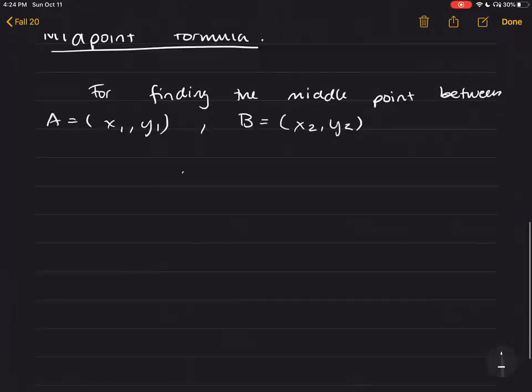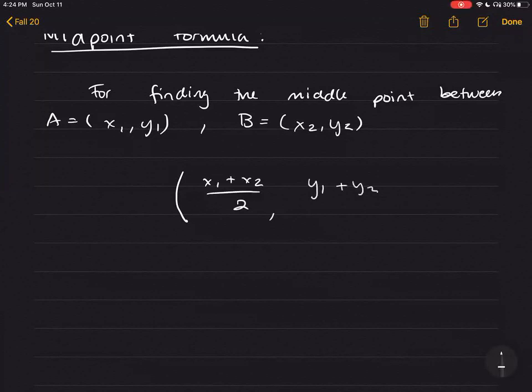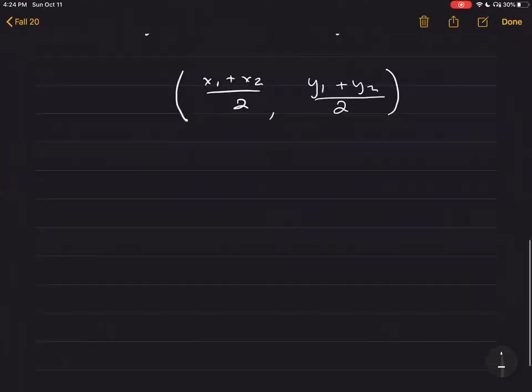That formula is a pair because the midpoint is a point on the coordinate plane, and it is given by this formula right here. So x1 plus x2 divided by 2, and the y coordinate is y1 plus y2 divided by 2. Cool. So let's see these 2 things in action.